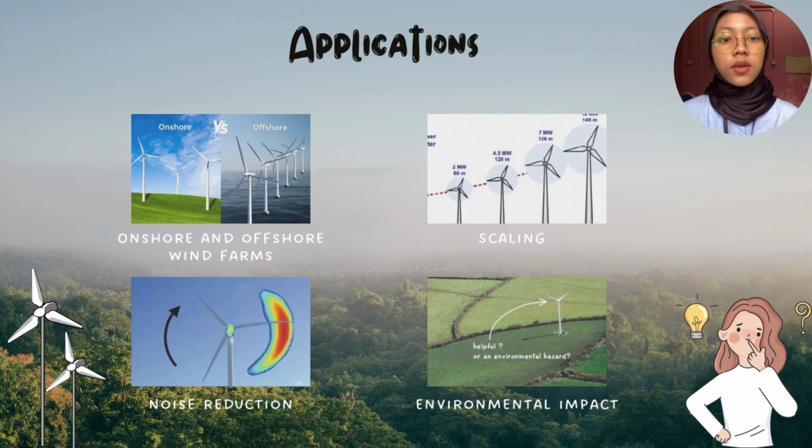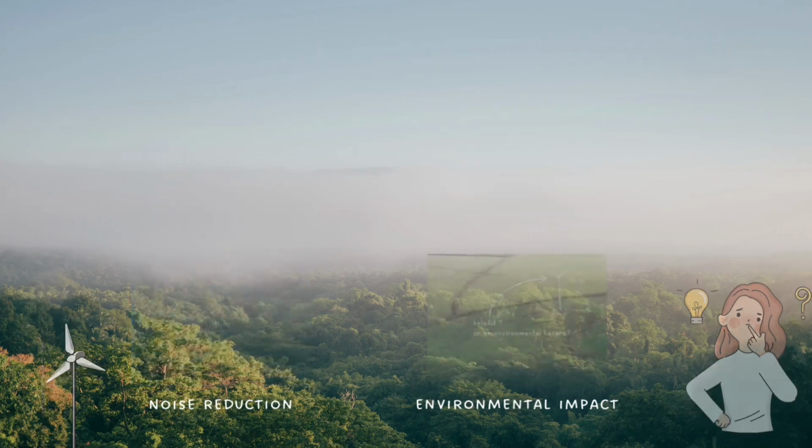And then we have noise reduction of wind turbines. Lastly, environmental impact. Wind turbines are quite useful to the environment because they can prevent the production of greenhouse gas. Now, let's move to the detailed explanation on the next slide.